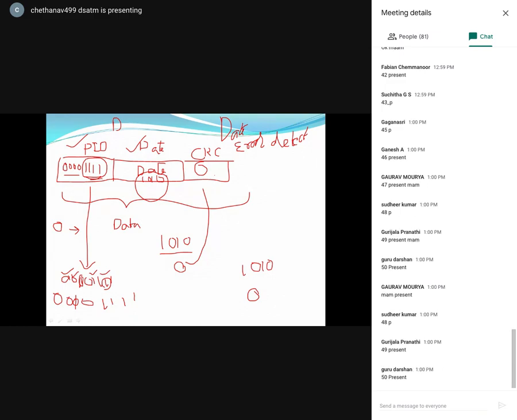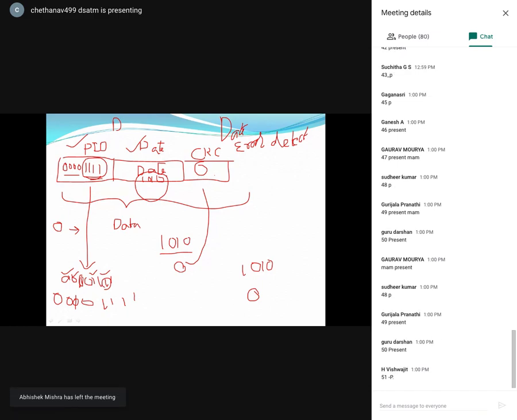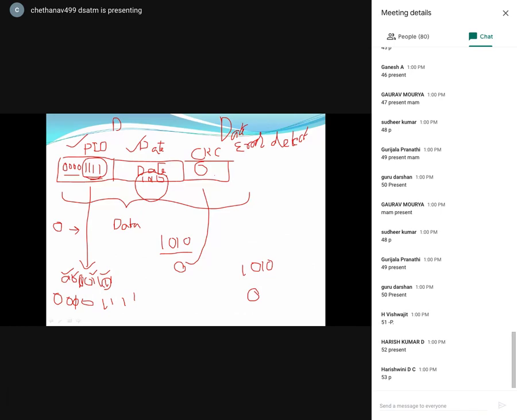Guru Darshan. Vishwajit. Harish Kumar. Harishwini, present, ma'am. Harshvi Chella. Harshit. Hemant Reddy.